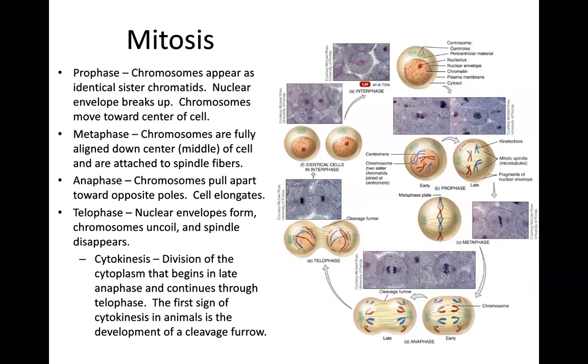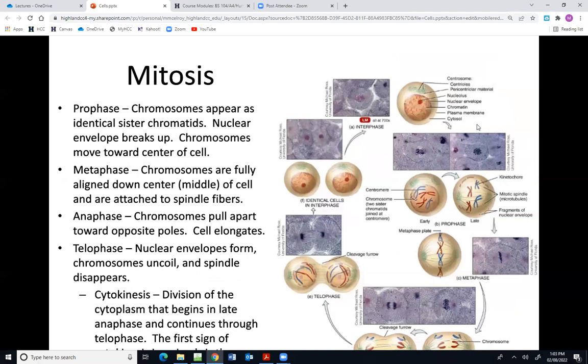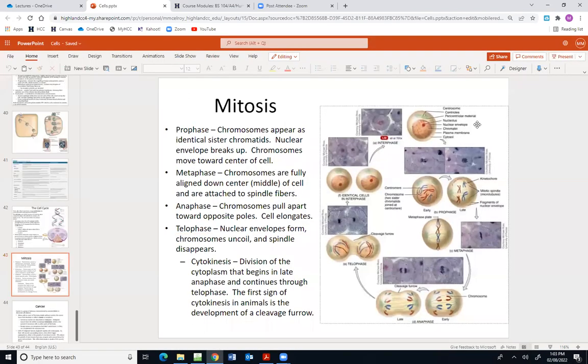We describe those chromosomes as appearing as sister chromatids. This X shape is actually two basically sideways V's. Let me just illustrate it. Just draw real quick.